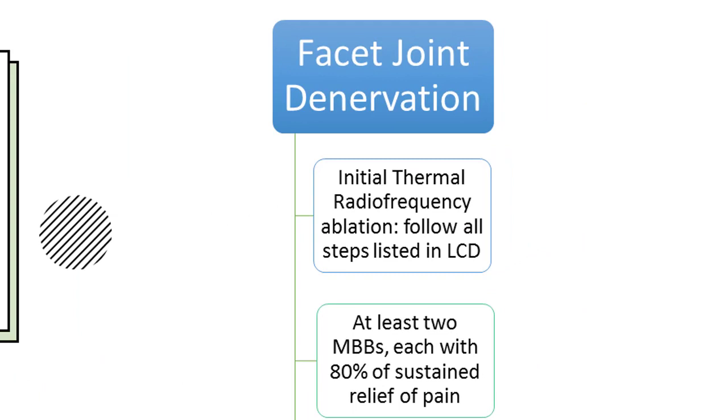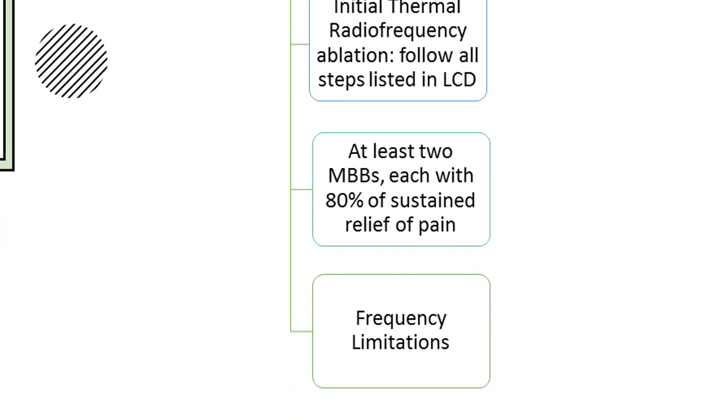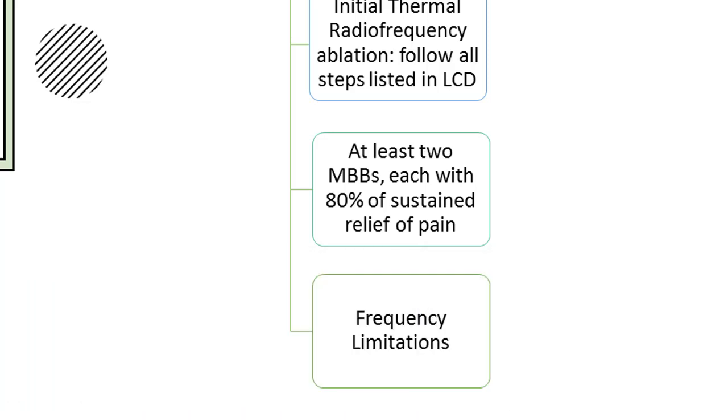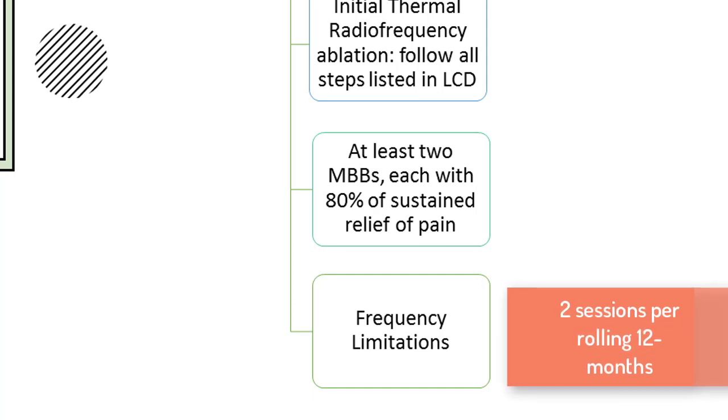Document that the patient has had at least 2 diagnostic medial branch blocks, again with 80% sustained pain relief. Repeat RFAs at the same anatomic site if the patient has had sustained pain relief of 50% for at least 6 months or has had 50% consistent improvement in ability to perform previously painful movements. For each covered spinal region, no more than 2 radiofrequency sessions will be reimbursed per rolling 12 months.